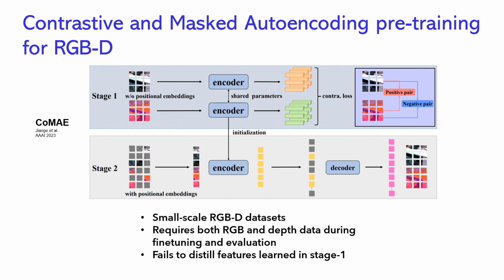It incorporates contrastive learning and multi-modal mask autoencoding to pre-train a single encoder to capture cross-modal representation. However, it requires both RGB and depth data during fine-tuning as well as in evaluation. It is also limited to pre-training with a small-scale dataset, and it fails to distill any feature that has been learned in stage 1, as stage 2 continues to pre-train the encoder using only the low-level pixel reconstruction task.